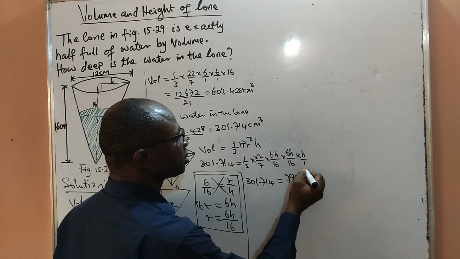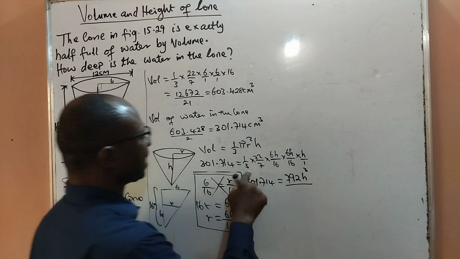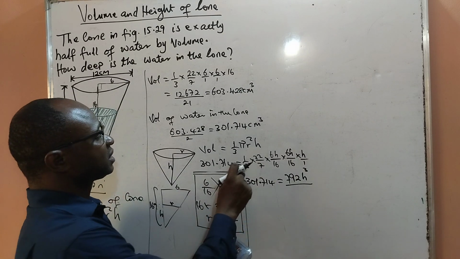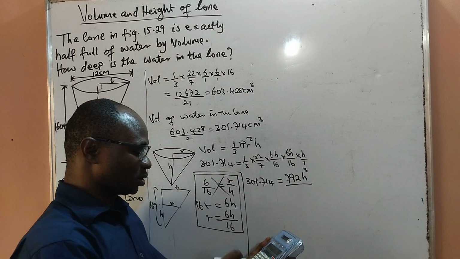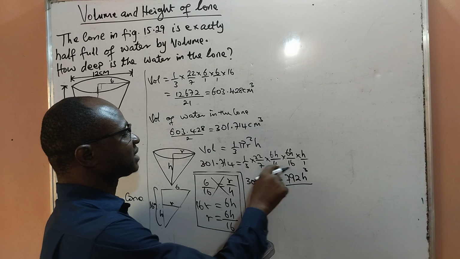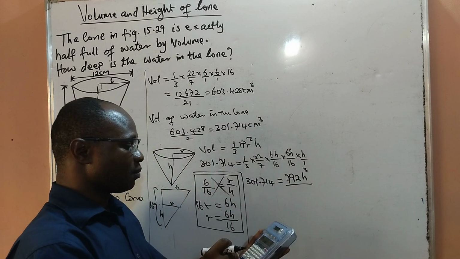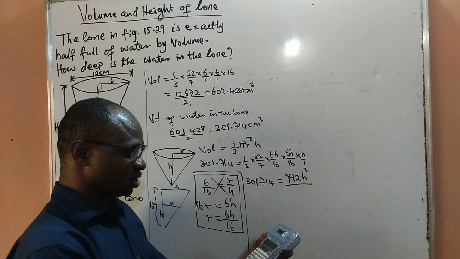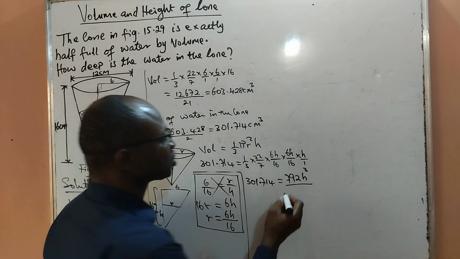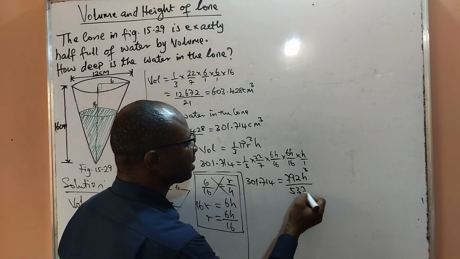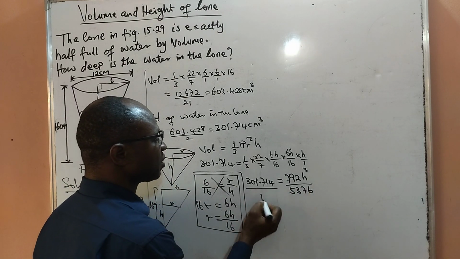Then multiplied by h raised to the power 3 all over. At the denominator, I have 3 times 7, which is 21, multiplied by 16 times 16, which is 256. That is going to give me 5376. This is now over 1.